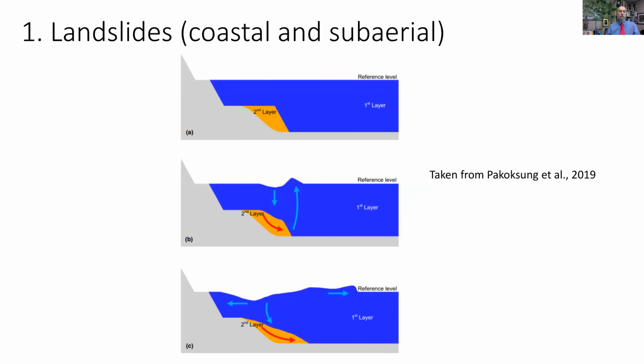And another idea was that this triggers landslides. So here's layer 2, this orange layer that slumps, and when the subsurface moves, it generates a tsunami wave. But the challenge for you would be to try to put together a comprehensive model for tsunami generation based on your BMKG data.